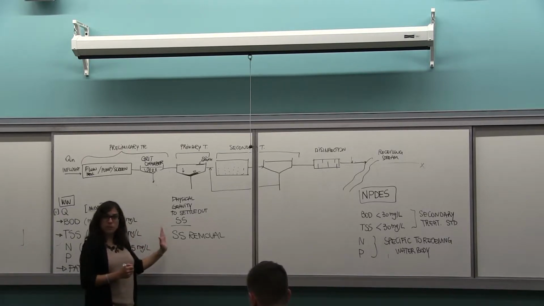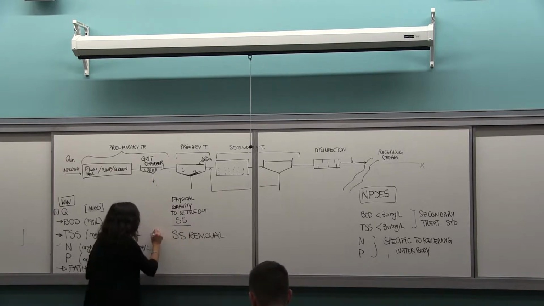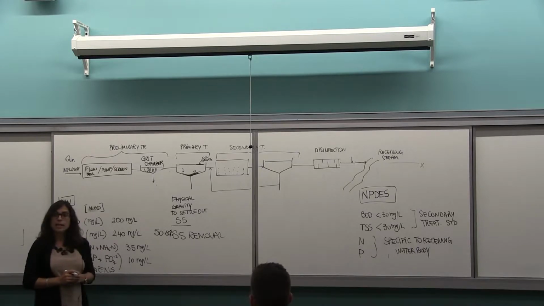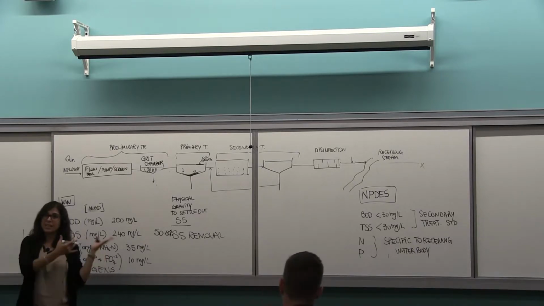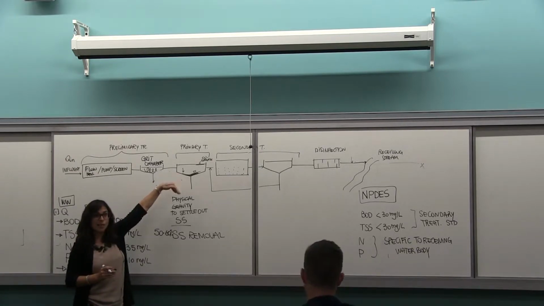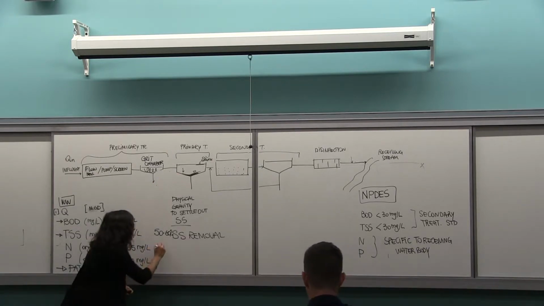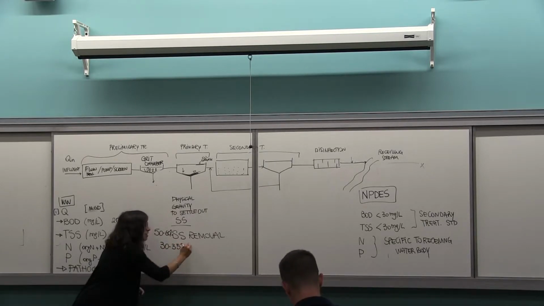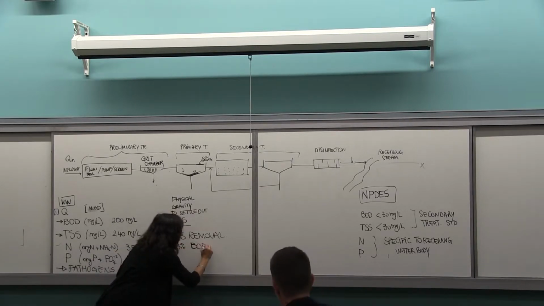Usually a primary sedimentation achieves 50% to 60% suspended solid removal. And since it also removes organics like oil and grease and some organics that settle at the bottom, we usually achieve 30 to 35% BOD removal.